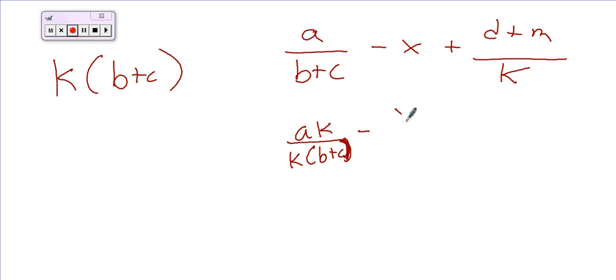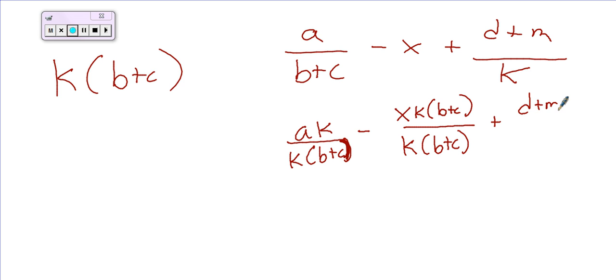So I'm going to write it like this: xk(b plus c) over k(b plus c). And this one is missing the b plus c, isn't it? Right? So this is going to be (d plus m) times (b plus c) over k times (b plus c).